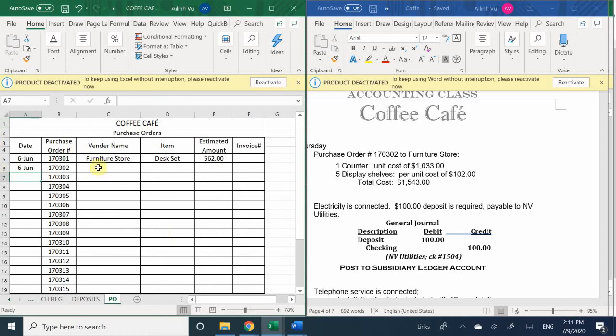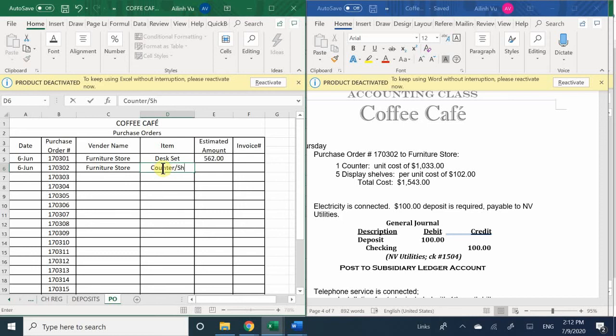Does this have to go in separate orders, or can this all be on one order? It's all going to be on one order. That's what I'm saying: I forgot to buy other stuff, so I'm sending another invoice saying I need this and this. So this is one purchase order, and it's for the counter and shelves.